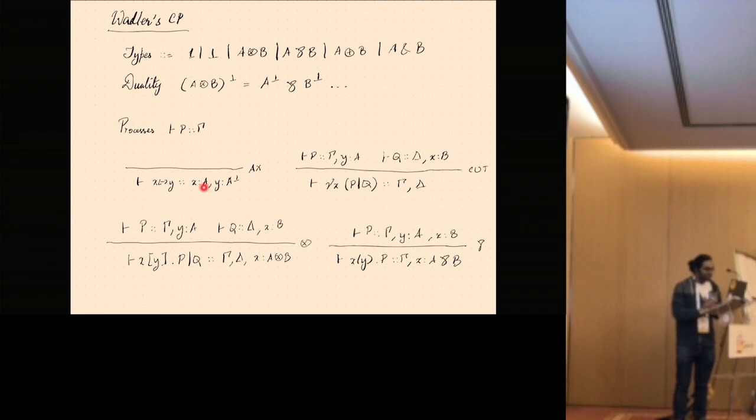Axiom says you can create x, A and A dual, and cut allows you to put two processes next to each other. I think that should be A dual, not B. So when two things are dual, you can put them next to each other. Okay, and then there's sending and receiving using tensor and par, and this is normally how the system is set up.